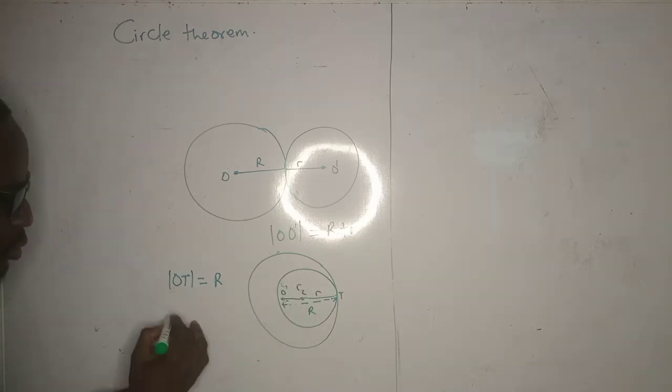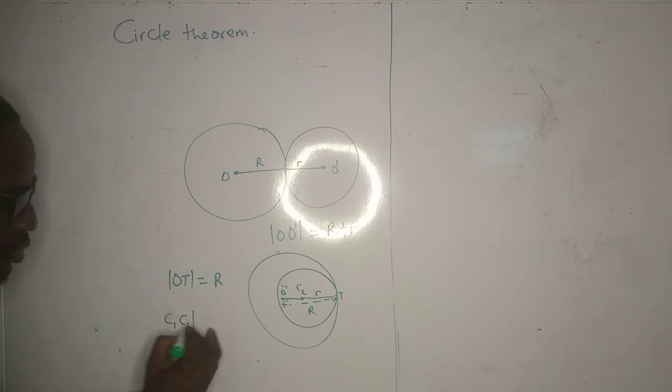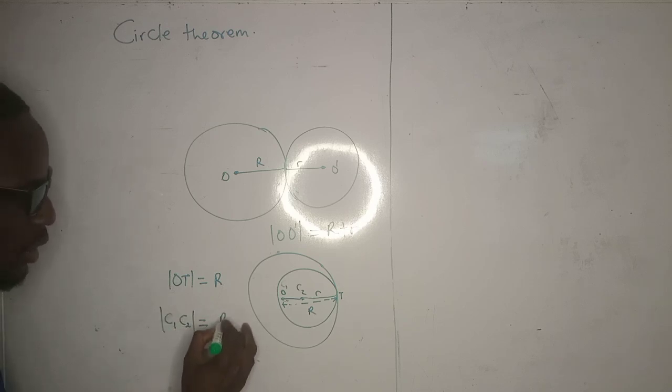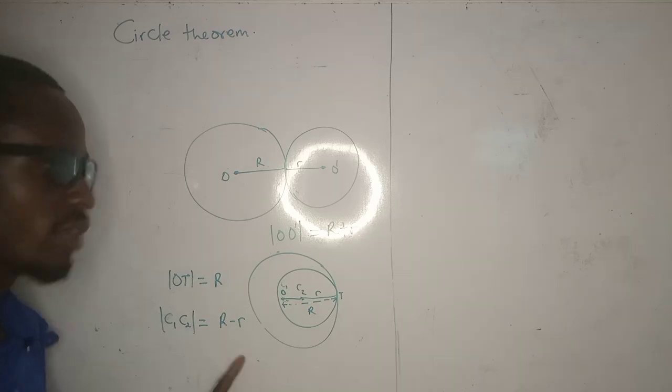So from C1 to C2 would be R minus r. So this is another property.